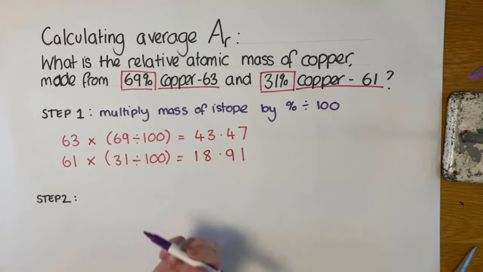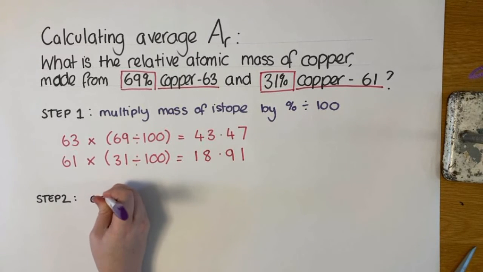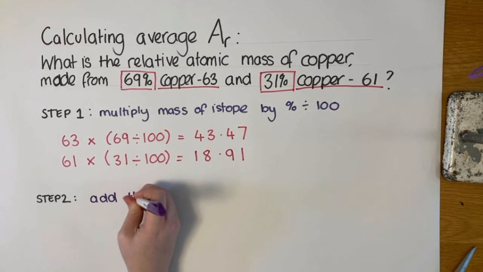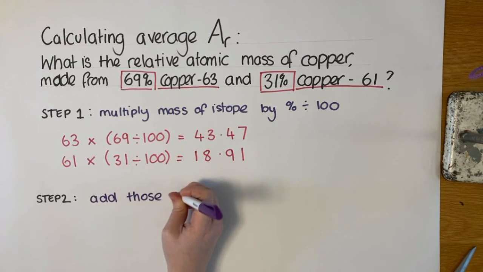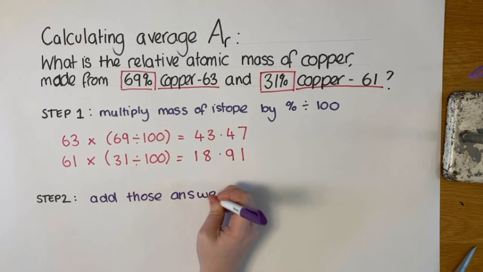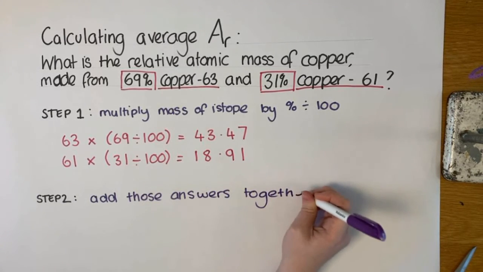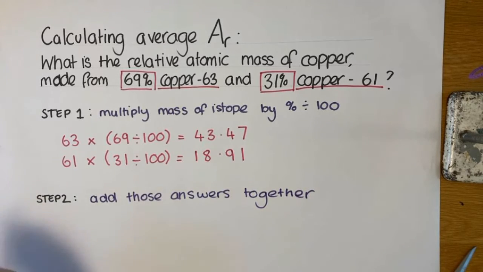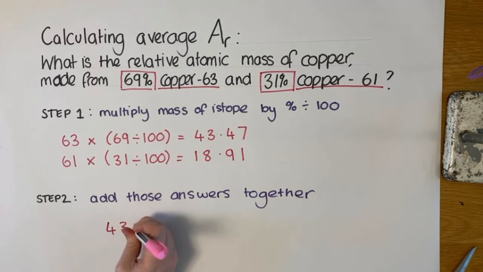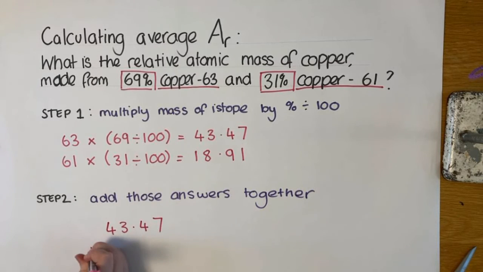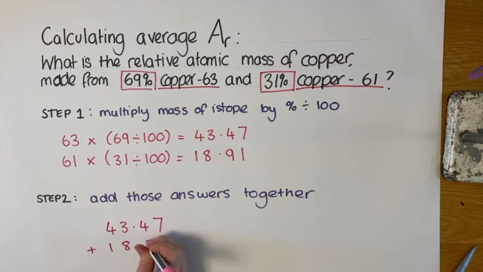Step two is to add those answers together. So I want to do 43.47 plus 18.91, and that gives a total of 62.38.